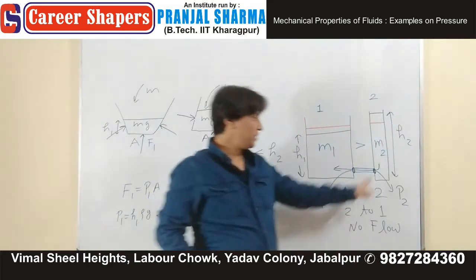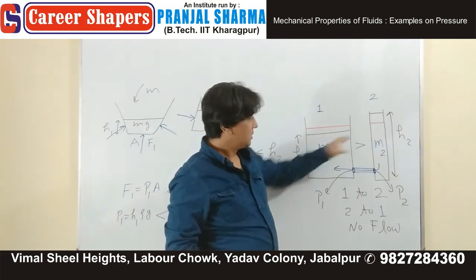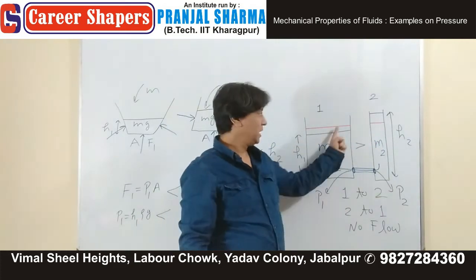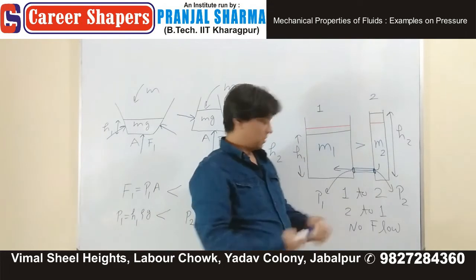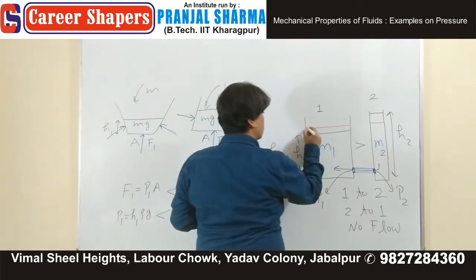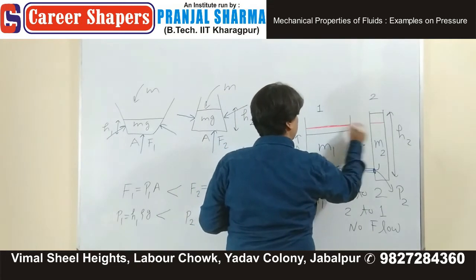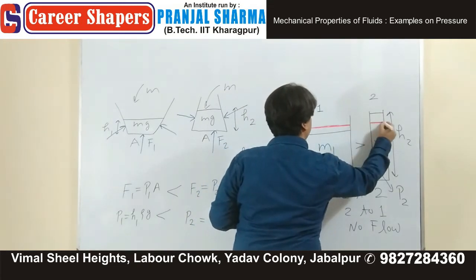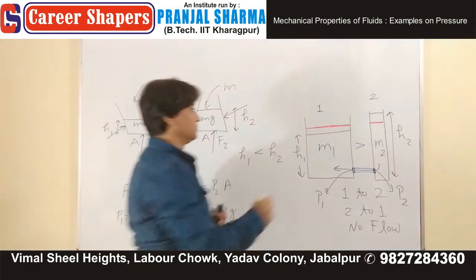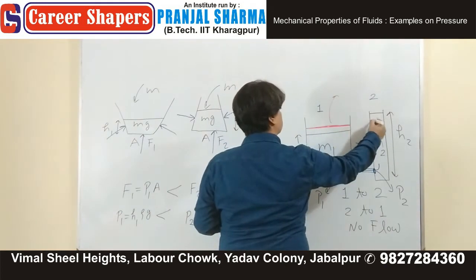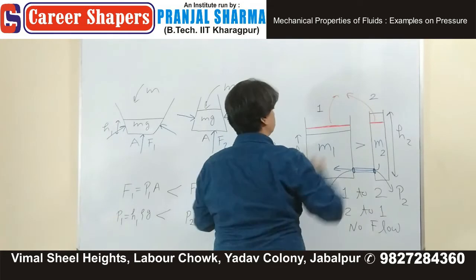Since water is moving from this to this, this is going up, this is coming down, and ultimately they both, I hope you can see the red color, will acquire the same height. So the final height will be the same at equilibrium.